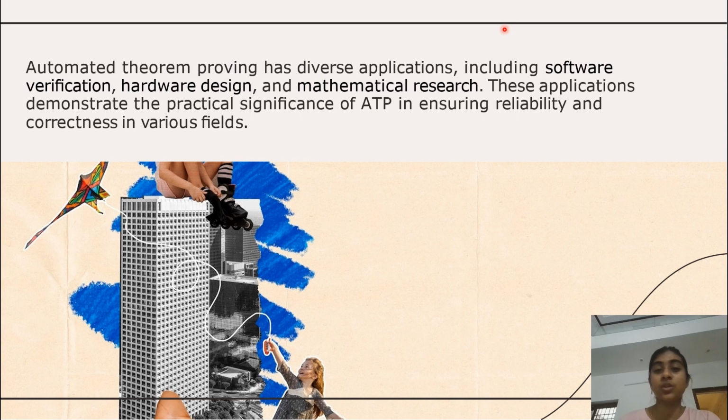And on the mathematical side, ATP is used to prove theorems, which would otherwise be time consuming for humans, who already face a lot of mathematical issues.